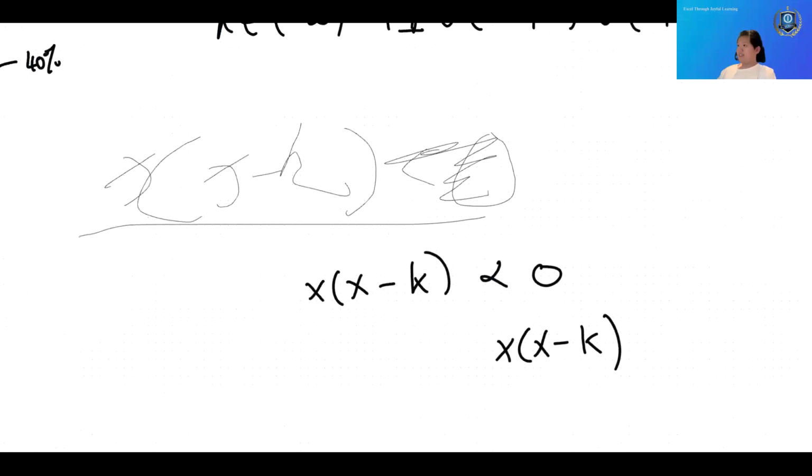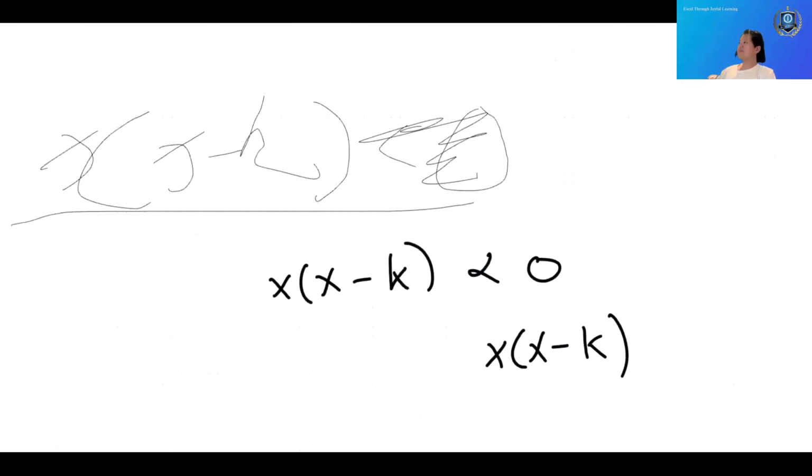Because something squared is always positive, and then 20 is also positive. So positive plus positive would always be positive, and it's impossible to get the discriminant to be equal to zero or less than zero. So that means that would have two solutions already.